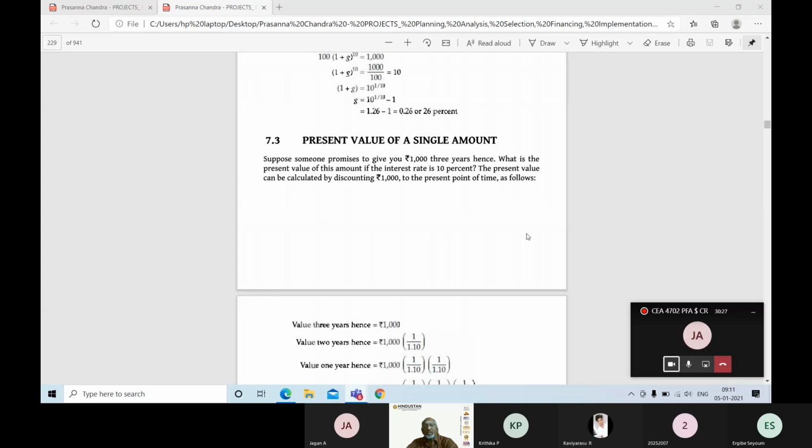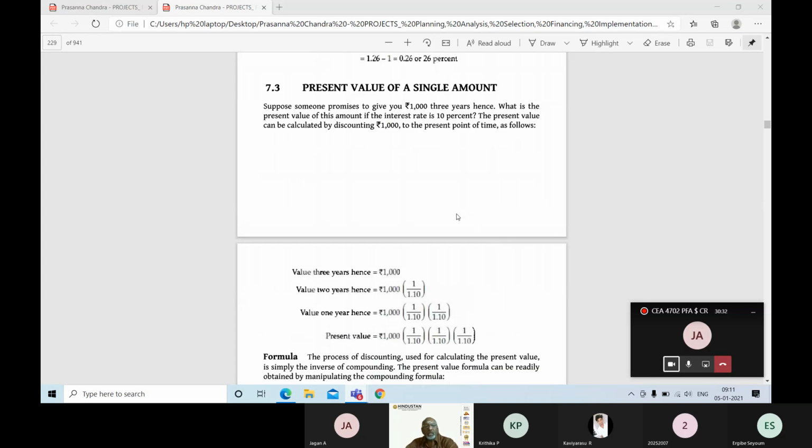Then the present value of a single amount. Here, you are investing 1000 rupees for 3 years. What is the present value of this amount? If the interest rate is 10%, the present value can be calculated by discounting 1000 to the present point of cash flow.